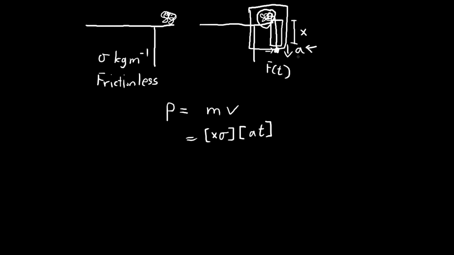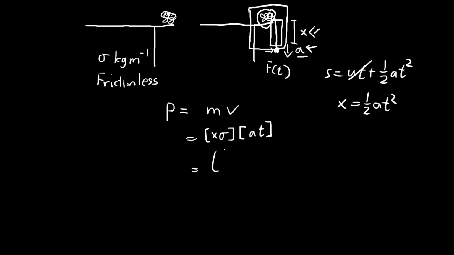And then, since the acceleration is constant, we can just use our equations of motion to find x as a function of time. So we can use this formula: s is equal to ut plus 1/2 at squared. The chain was initially at rest, so u is just 0. So x is equal to 1/2 at squared.